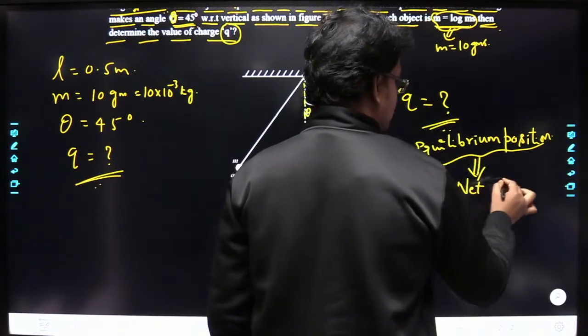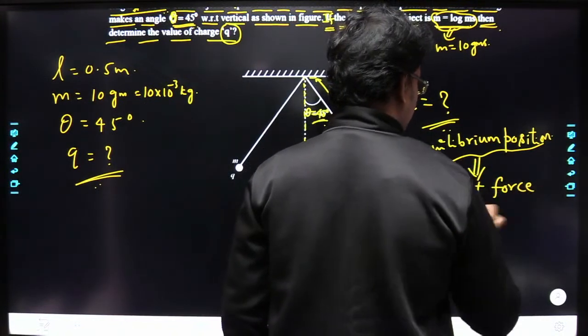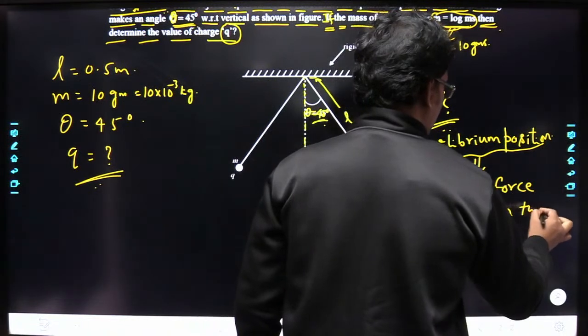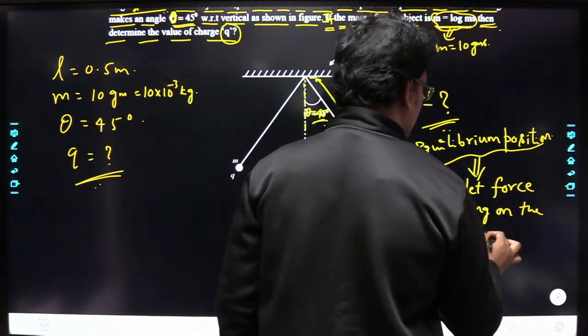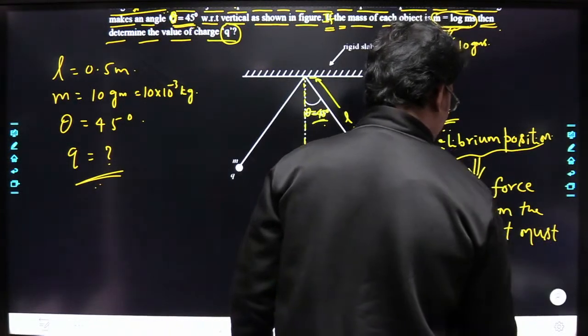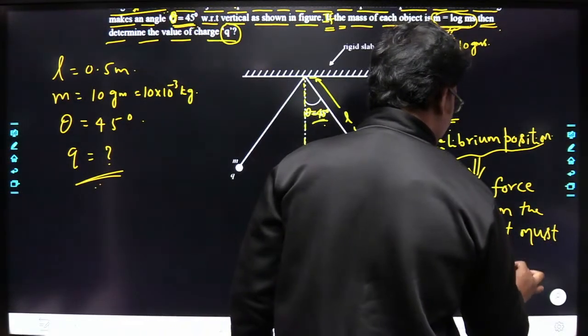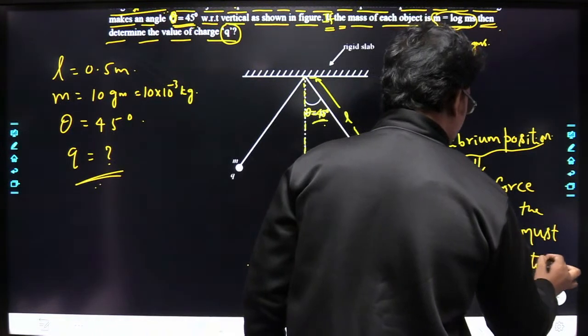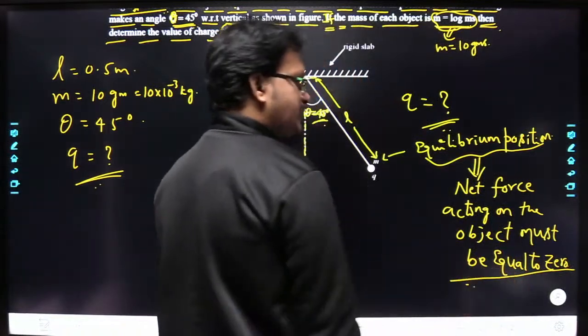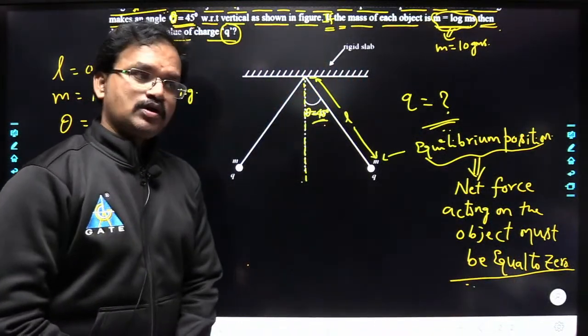Equilibrium position means the net force acting on the object must be equal to 0. Net force acting on the object must be equal to 0.